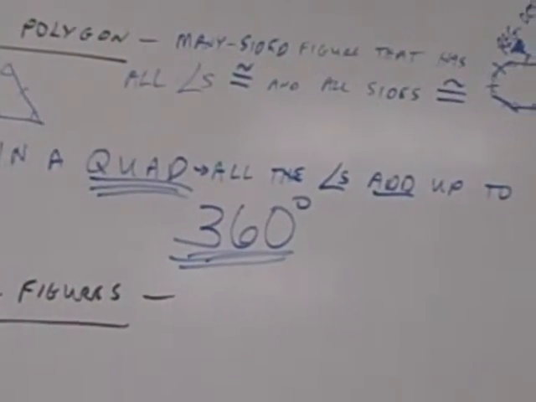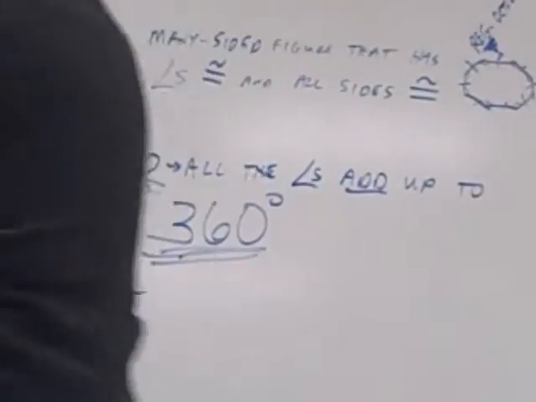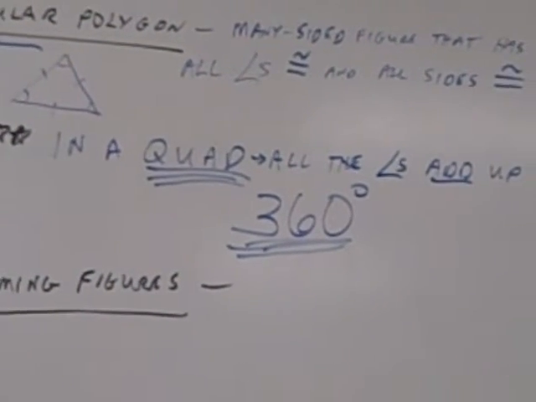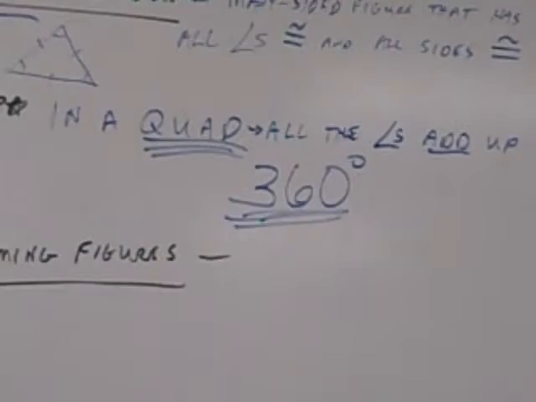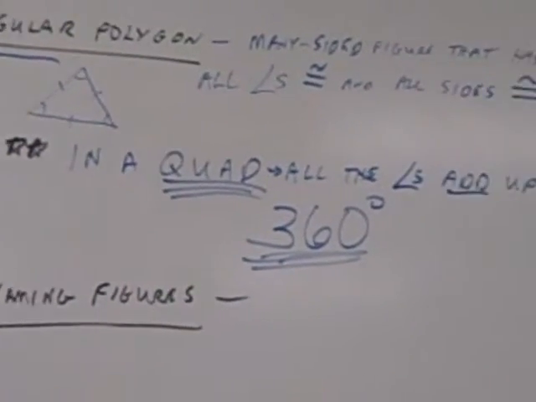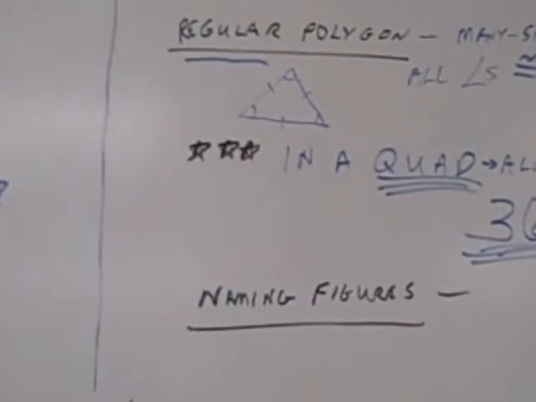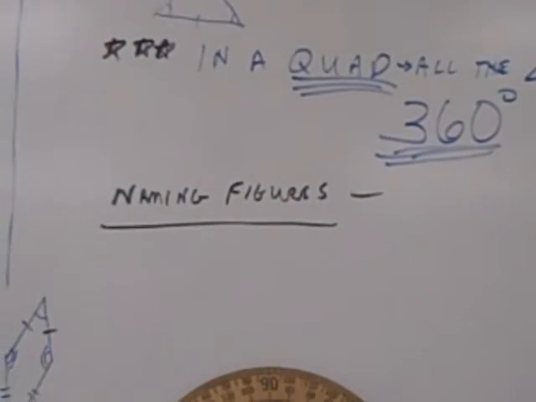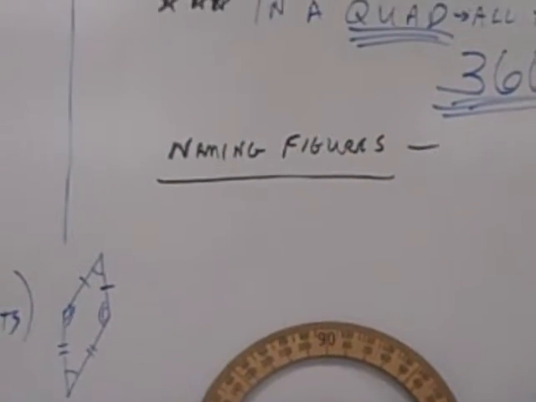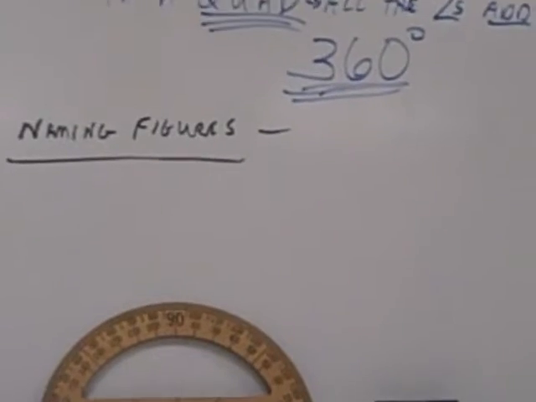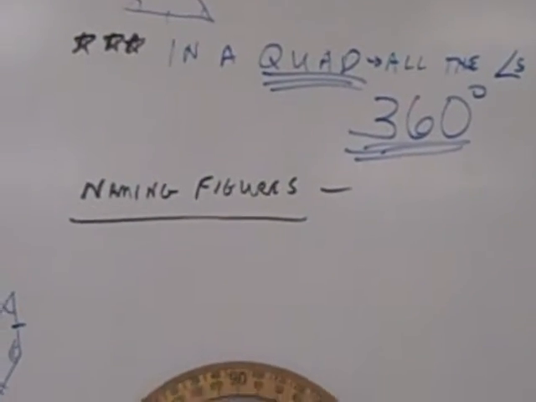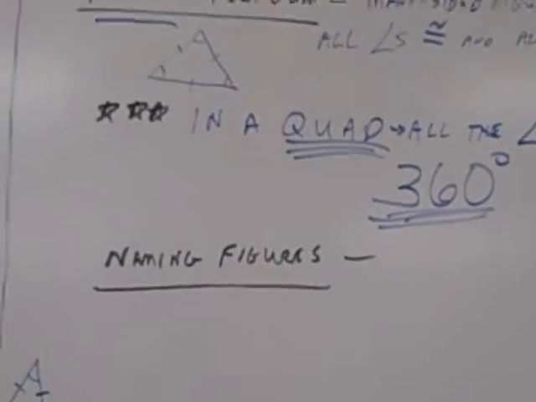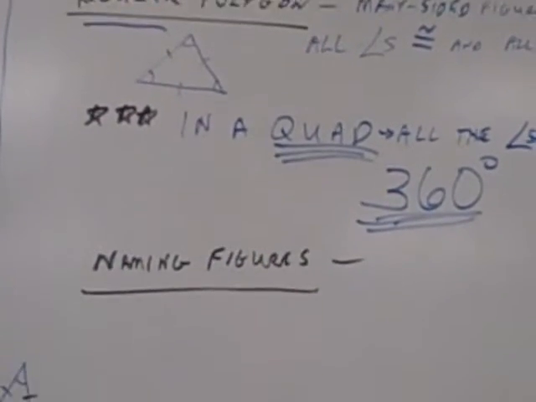Now, guess what students confuse this with? 180. Because last week we added all the angles of a triangle and they were supposed to be 180. And now we have a quad, and if we add up all four vertices or four angles of a quad, it's supposed to equal 360.